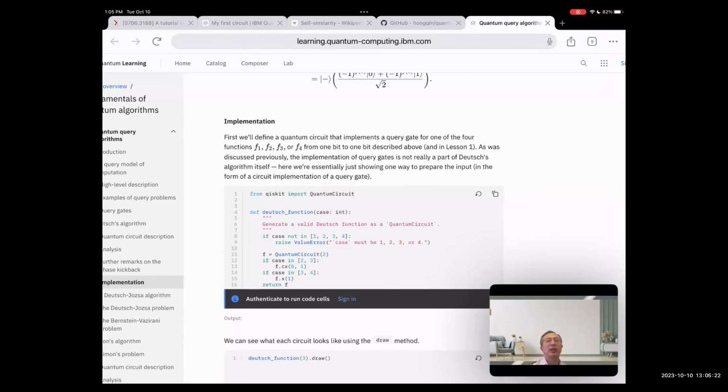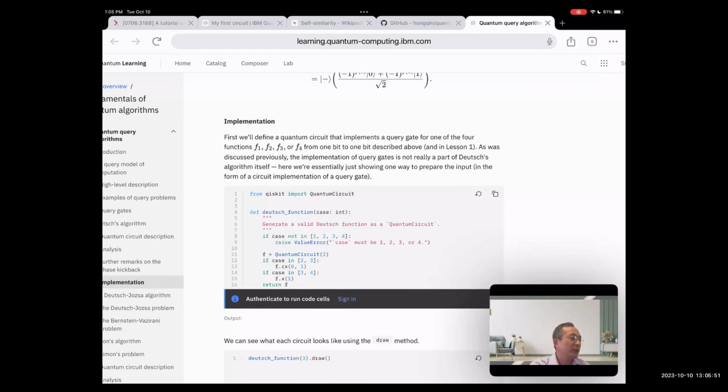And then I realized those are the inputs the Deutsch algorithm works on. Right, that's basically the 4 inputs we are working on. F1 and F4 should be constant, and F2, F3 should be balanced.